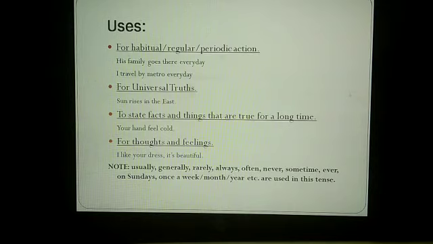Then for thoughts and feelings, I like your dress. It's very beautiful. And we use these words in simple present tense: usually, generally, rarely, always, often, never, sometimes, ever, on Sundays. You can write any weekday, once a week, once a month, once a year, etc. These are used in this tense, right?